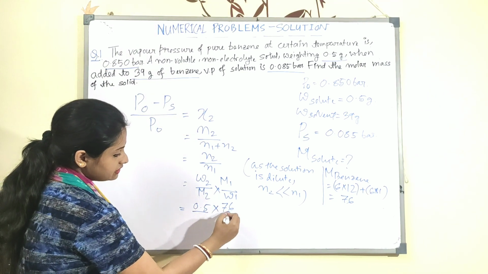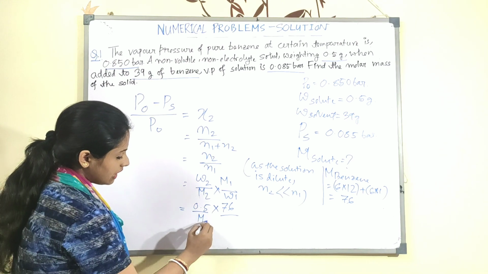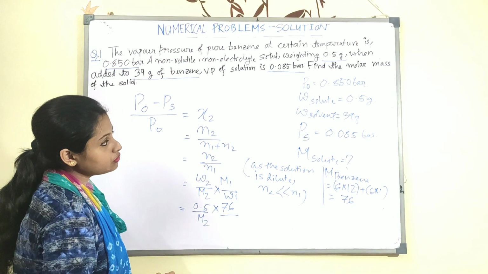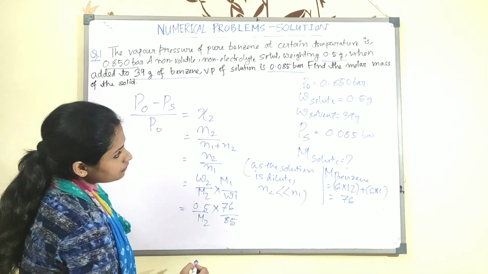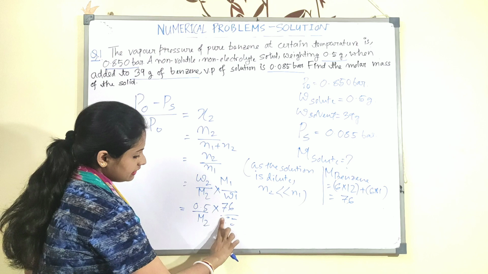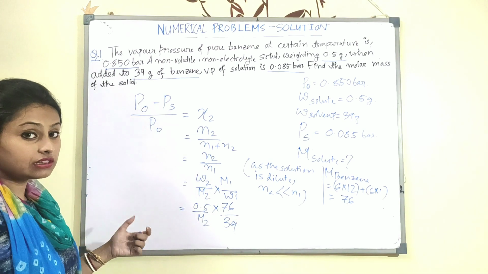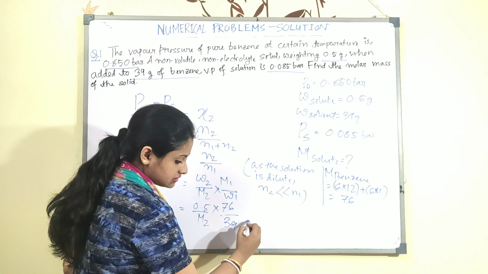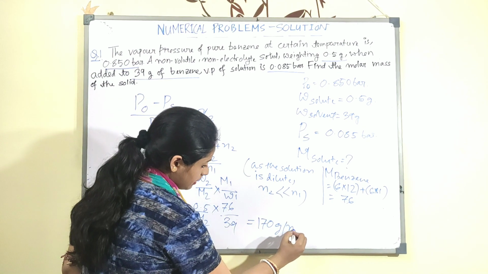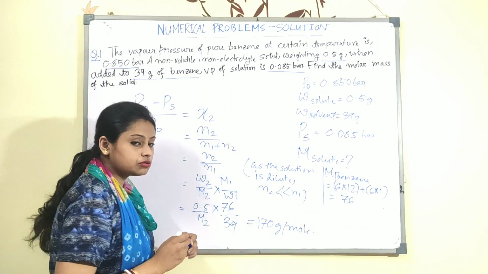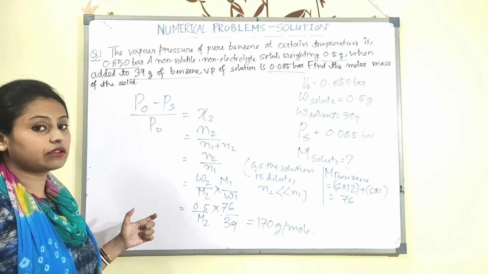This is 76. M2, the M of solute, we don't know, and W1, the weight of solvent, is 39 gram. Now we calculate all the data, and the answer comes to be 170 gram per mole. Please do the calculation with your calculator and don't miss this part.